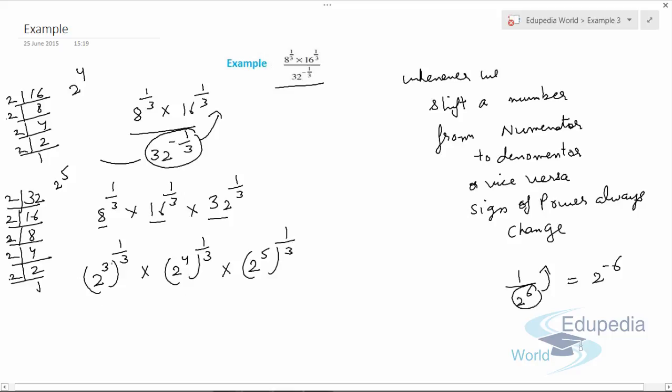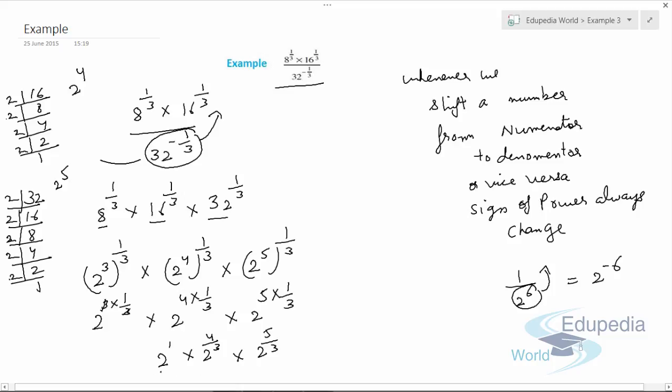Now again these powers will get multiplied. So it will become 2 raised to power 3 into 1 by 3 into 2 raised to power 4 into 1 by 3 into 2 raised to power 5 into 1 by 3. So this will get cancelled out now. So we are left with 2 raised to power 1 into 2 raised to power 4 by 3 into 2 raised to power 5 by 3.